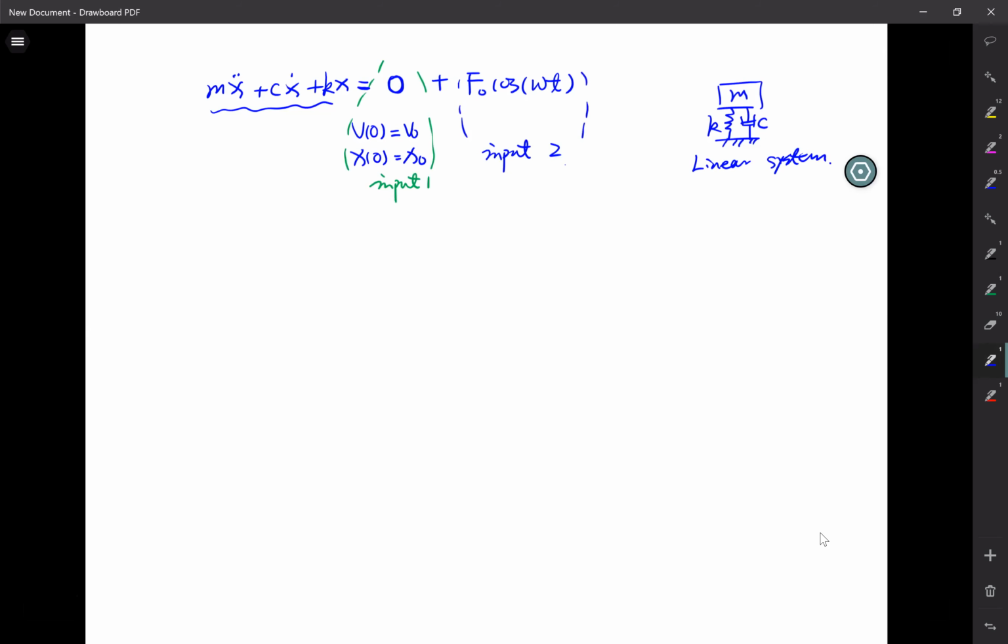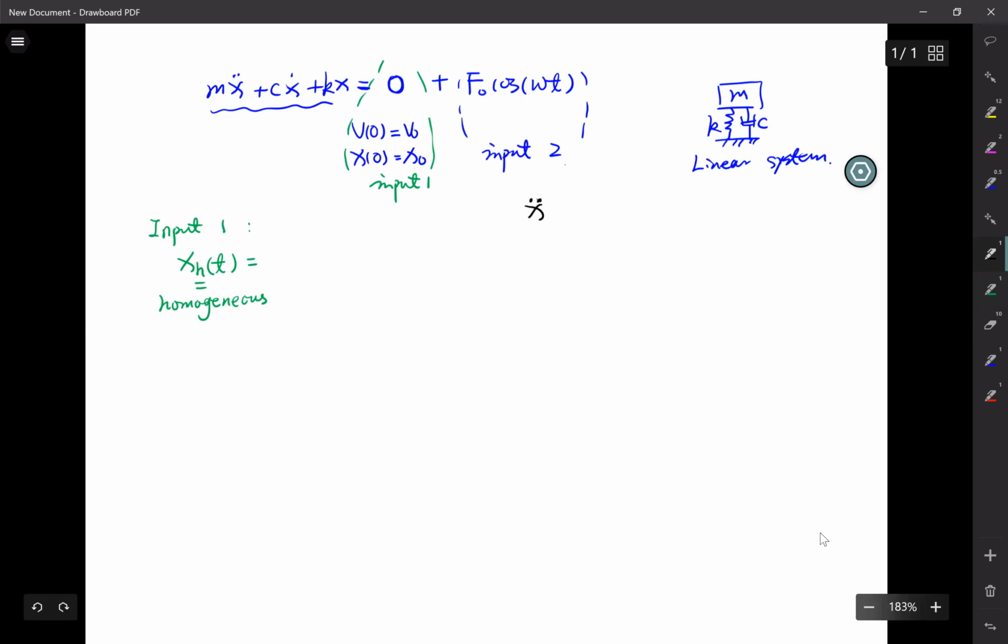So what you can do is actually solve these subsystems individually. For input 1, we call the solution x_h, where h stands for homogeneous. If you remember your ODE class, that's the homogeneous solution of your equation. For the damped system, we want to normalize it to simplify the discussion, so we just normalize everything by m.